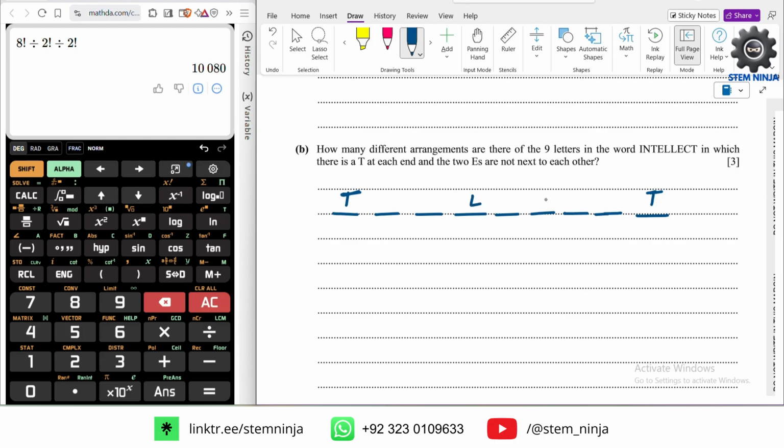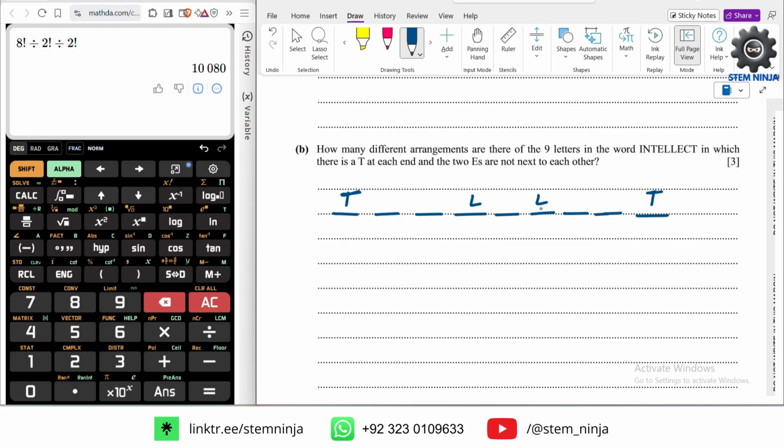So you have 2 L's maybe like this. So from the 9 letters, T's are already placed, L's are duplicate, and 2 E's cannot be next to each other.